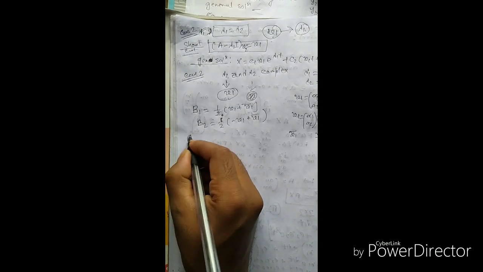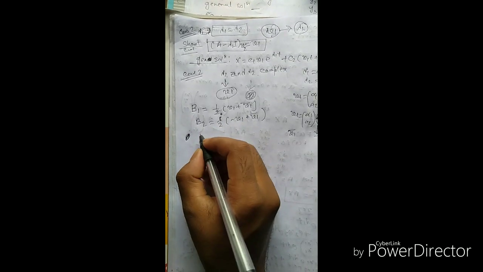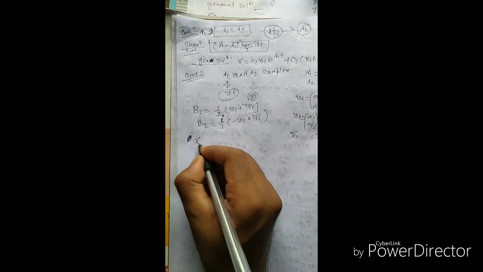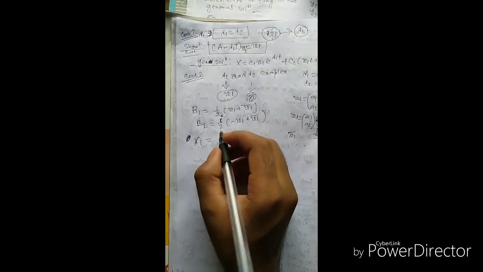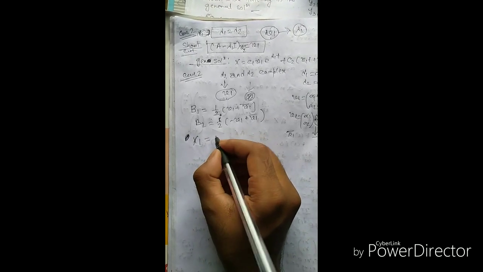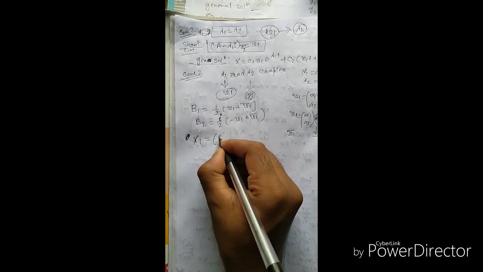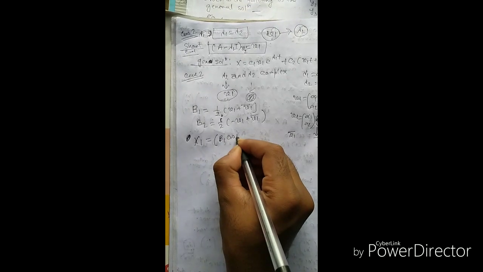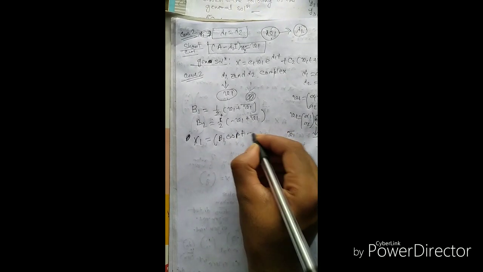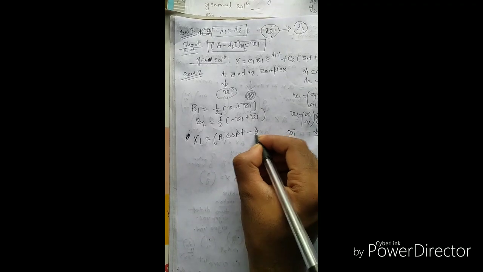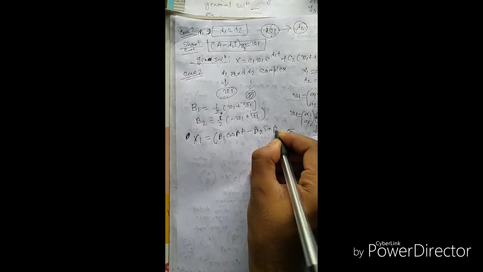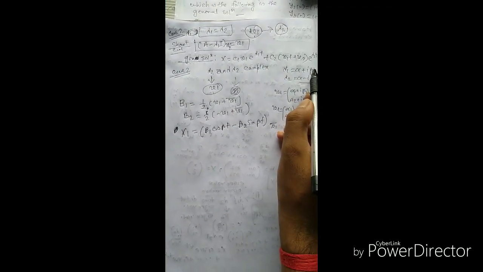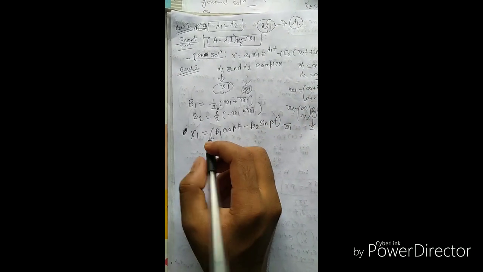the general solution: x1 equals b1 cos beta t minus b2 sin beta t, where beta is the imaginary part of the eigenvalue, into e to the power alpha t.